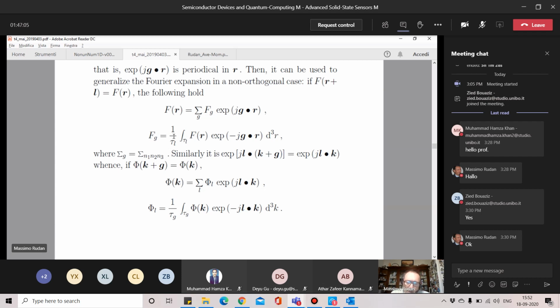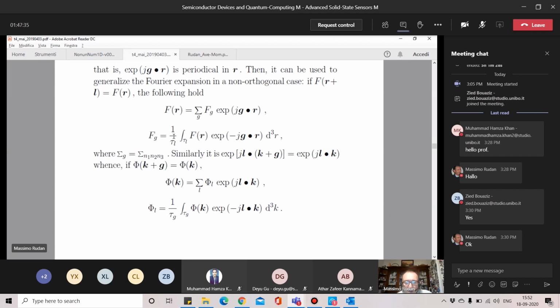We may also do the same process in reverse. It may happen that we have to deal with functions that are periodic in the scaled reciprocal lattice. So they are periodic with respect to k, because you remember that k is any vector of the scaled reciprocal lattice.